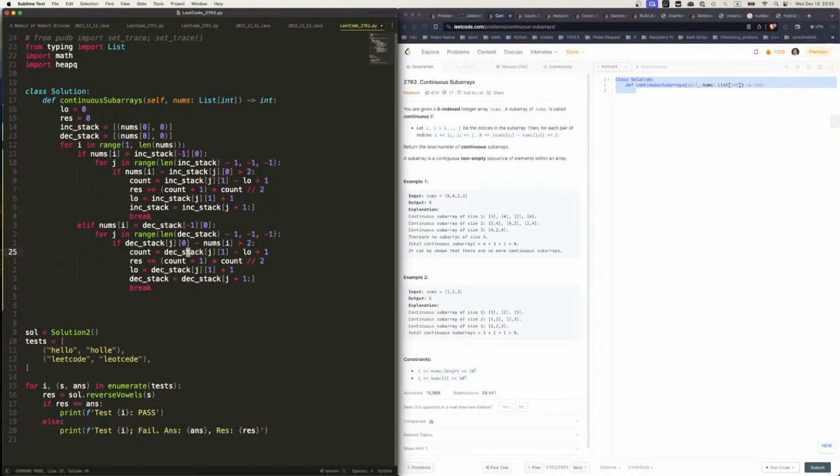And then if something even bigger comes in, it would just pop this one. So the increasing and decreasing will look very similar. The last value is always the same. So if it's bigger, then on the other side, it will just pop it.